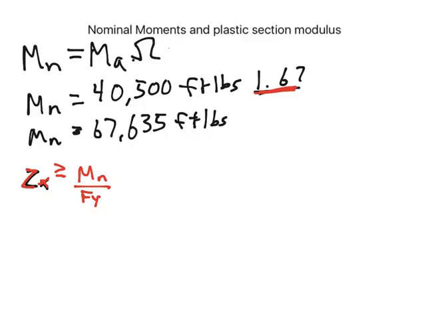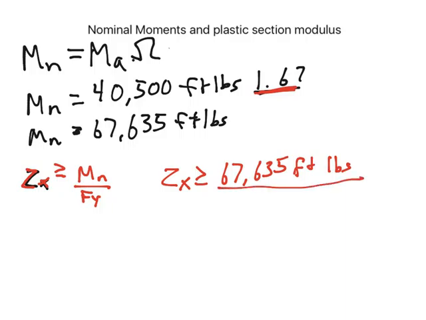In this one, we're going to use 50,000 psi. So my plastic section modulus has to be greater than or equal to that 67,635 foot-pounds divided by 50,000 pounds per square inch.